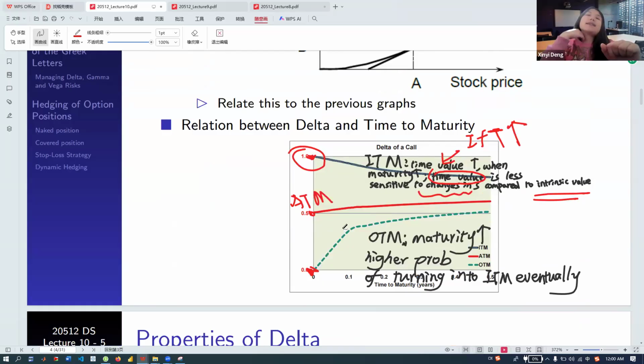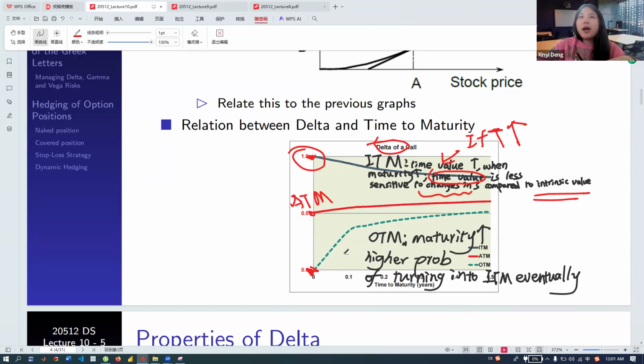Since we are dealing with OTM options, they barely have any chance of becoming in the money when T is very, very close to 0. So you basically have no chance, right? Since you are very, very far from in the money, maybe even far from at the money. Therefore that probability is equal to 0, and that explains delta equal to 0 here.